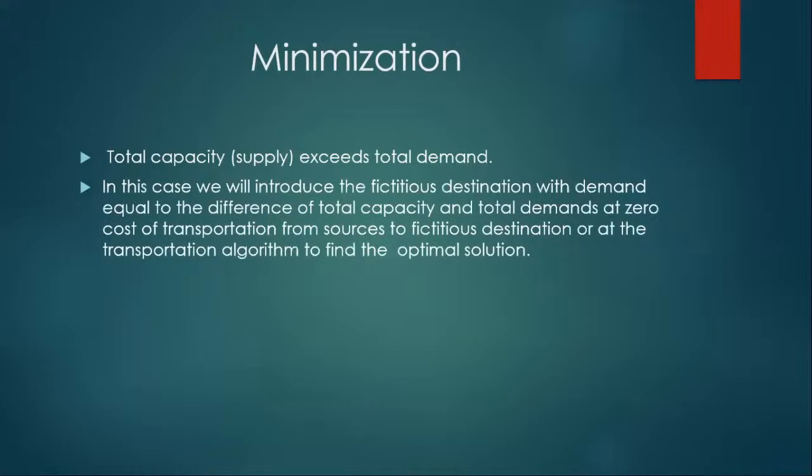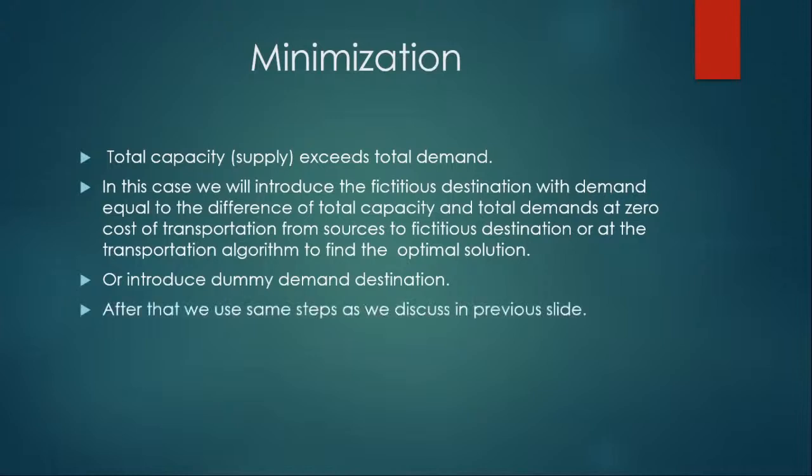In this case, we introduce a fictitious destination with demand equal to the difference of total capacity and total demand, at zero cost of transportation from source to fictitious destination, or a dummy column, and apply the transportation algorithm to find the optimum solution, or introduce a dummy demand destination. These both are equal. After that, we use the same steps as we discussed in the previous slide, steps 1 to 5.